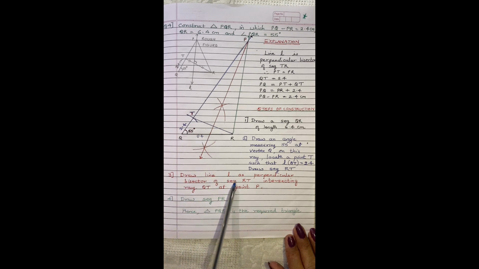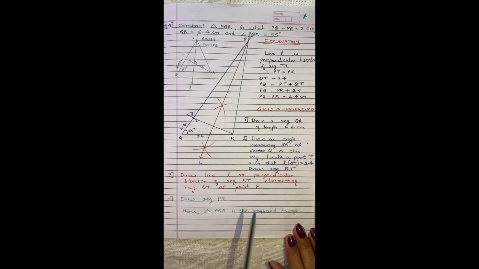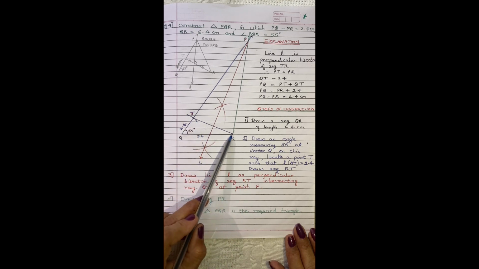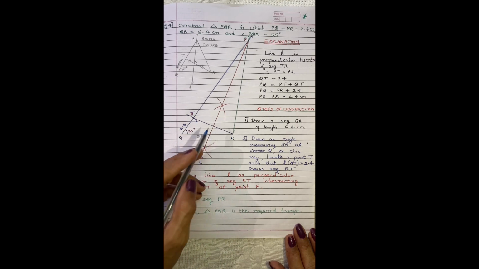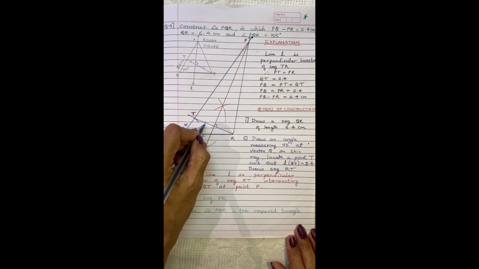Draw a line L as perpendicular bisector of segment RT. Now this is segment RT. We'll draw perpendicular bisector. Perpendicular bisector divides the line into two equal parts, forming an angle of 90 degree.